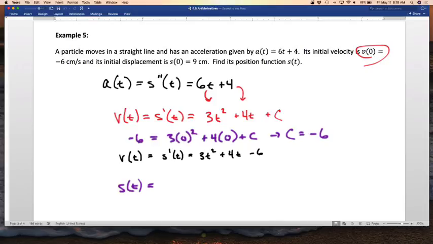Somebody from Sackets, what's the antiderivative of 3t squared? T to the third. All right. Joe, I haven't heard from you in a while. You're kind of hiding off screen there. What's the antiderivative of 4t? Two t squared.